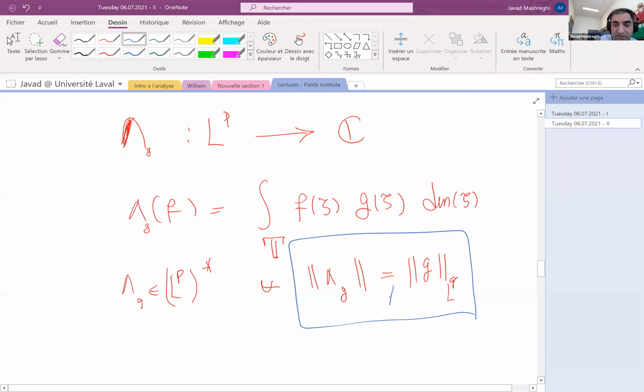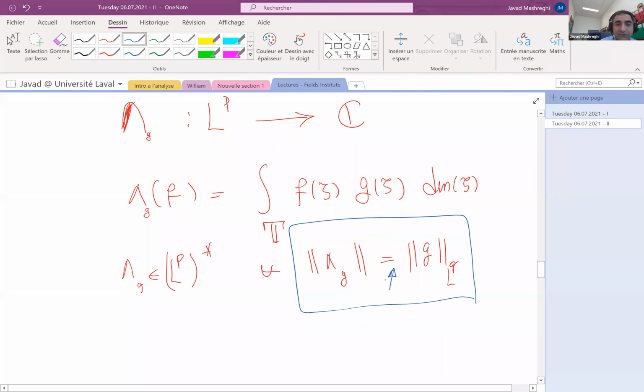This identity reflects the wording isometric. Isomorphic, which is somehow the difficult part of the theorem and was proved by Riesz, says that there is no more. I mean, these lambda_g are all the bounded linear functionals on L^p.